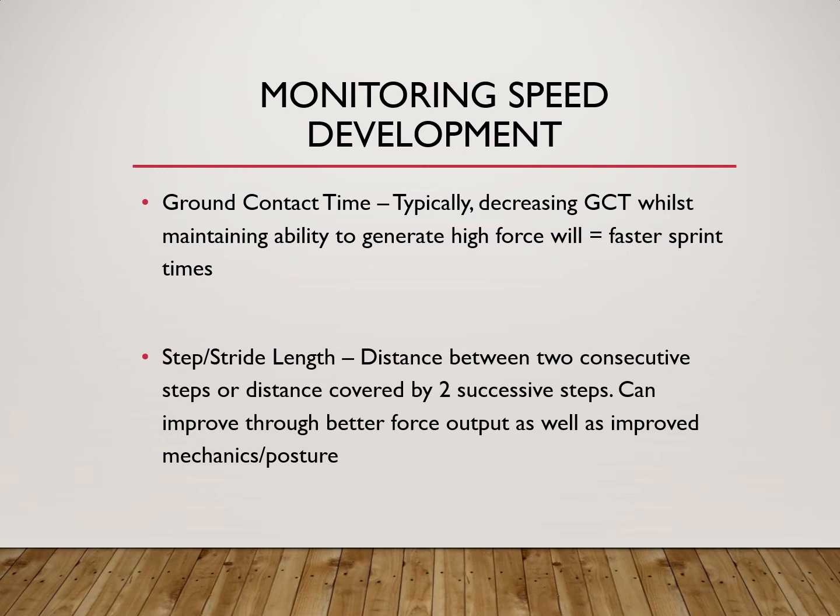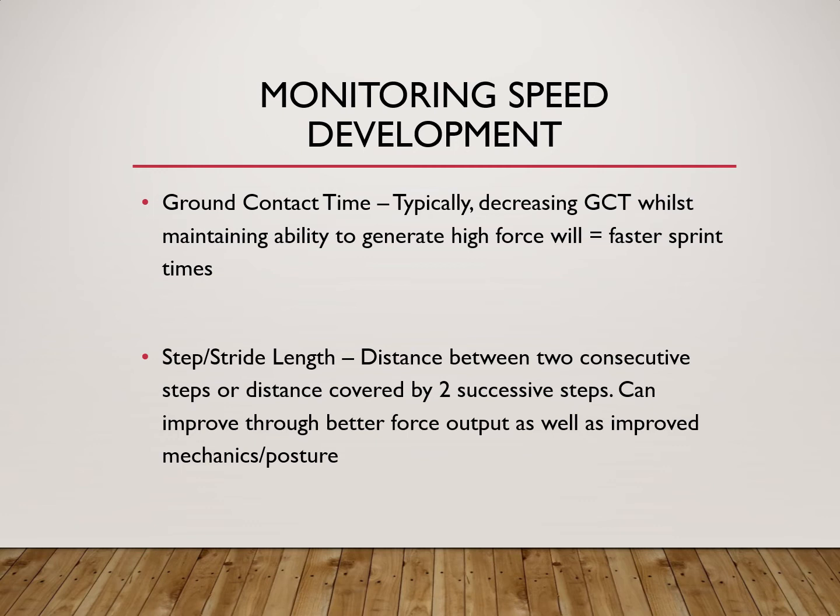Typically, if we decrease the ground contact time and we are still able to generate the same amount of force, that would translate to a faster sprinting time. So if we're able to monitor a decrease in ground contact while maintaining the same force output, then we know there's going to be a translation to an increased running speed.